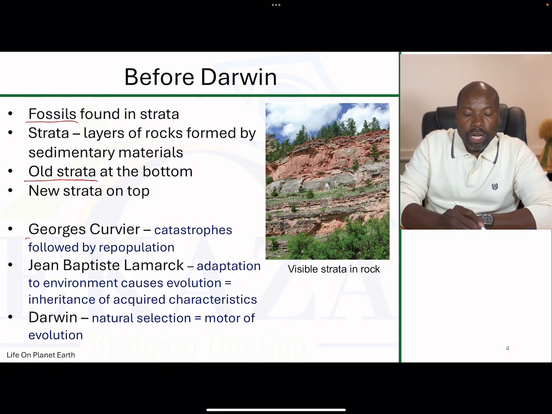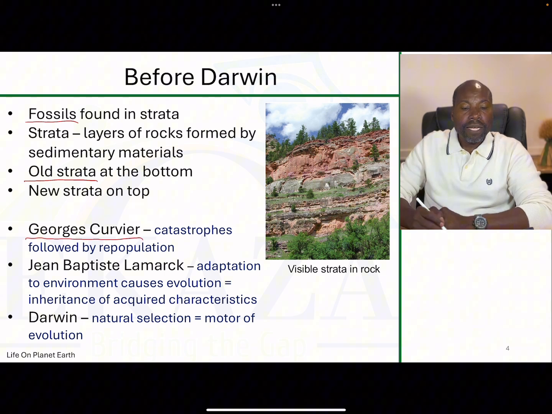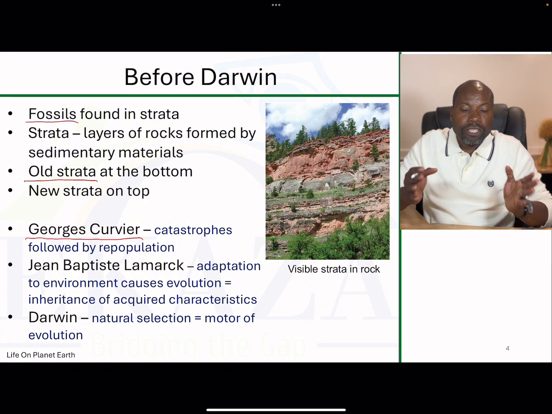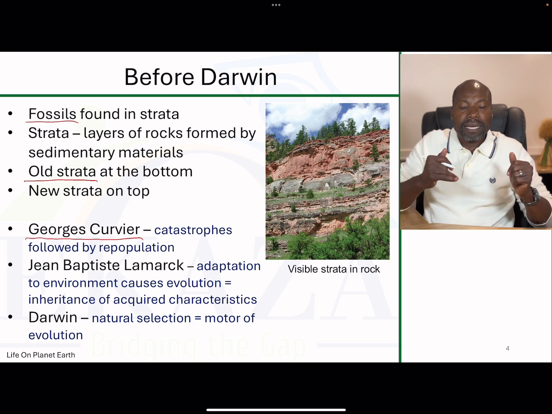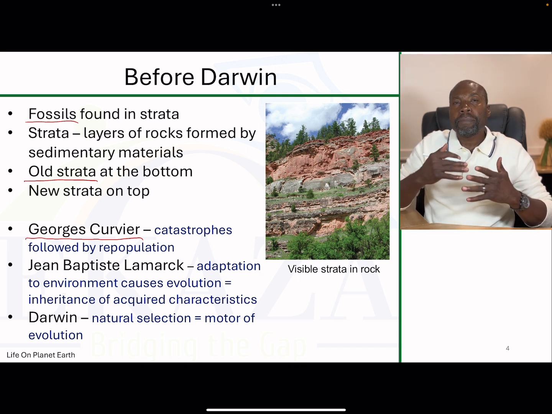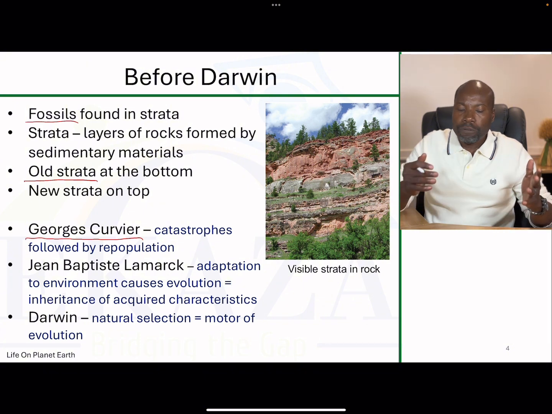So Georges Cuvier was a French guy. He was a naturalist, and he observed a lot and said that, well, the earth has gone through some periods of catastrophes.